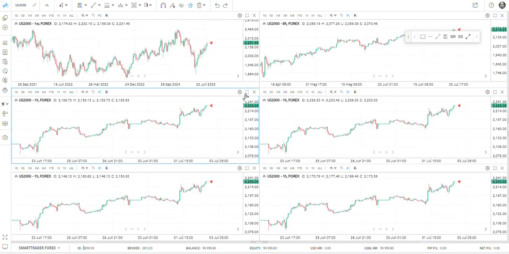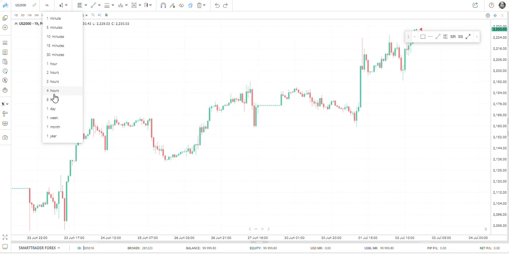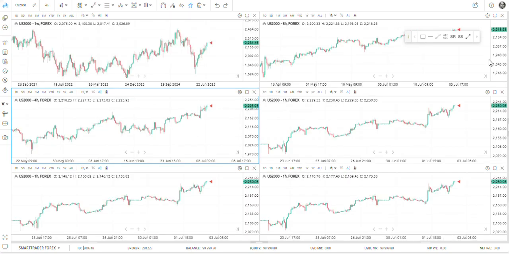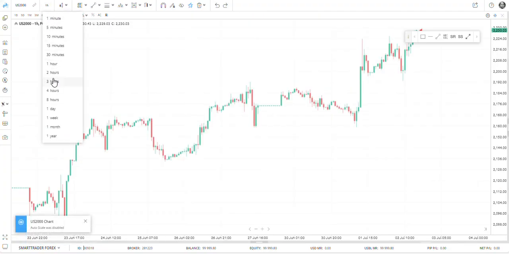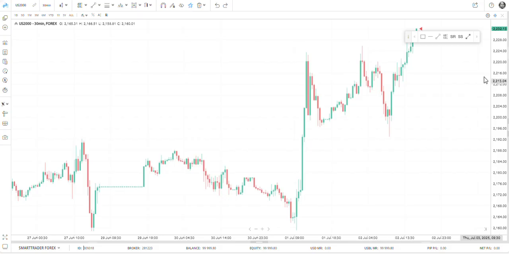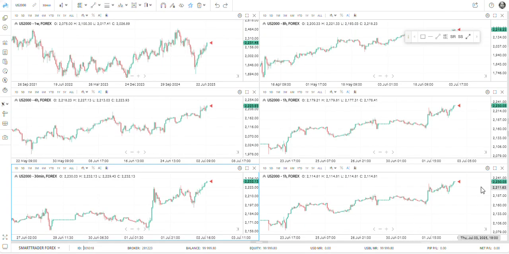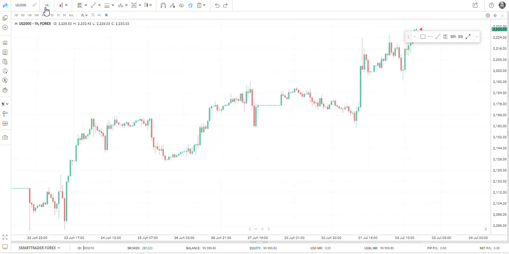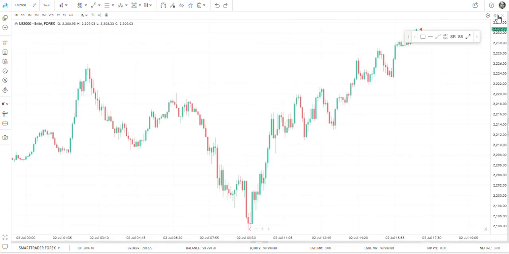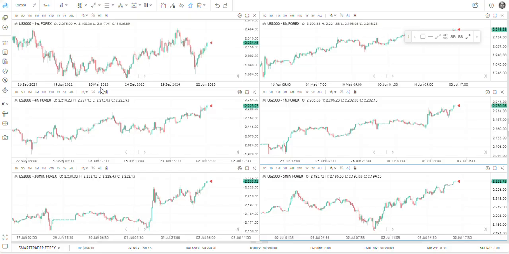This frame I use as my 4-hour, this frame I leave as my 1-hour, and this frame I leave as my 30 minutes. And this frame is my really low time frame, so this is like my 5 minutes. So 5 and 1 minute, I play around here.